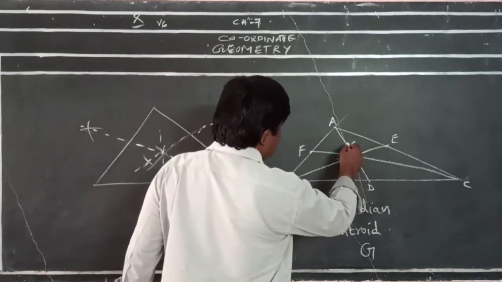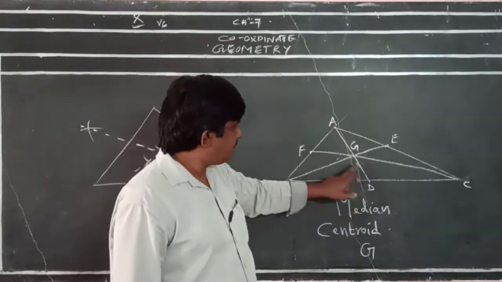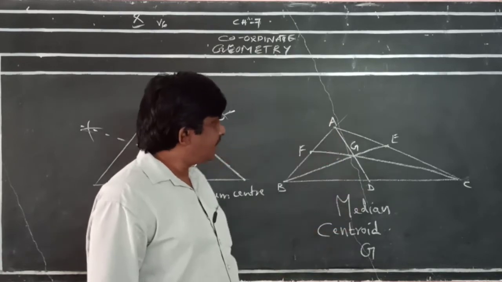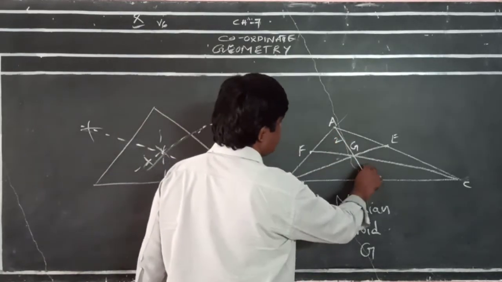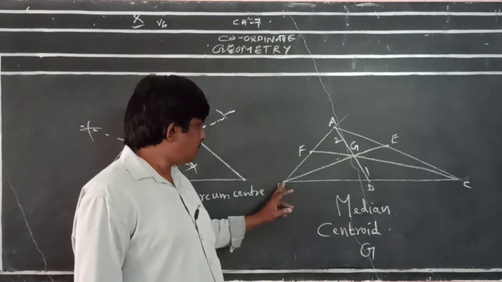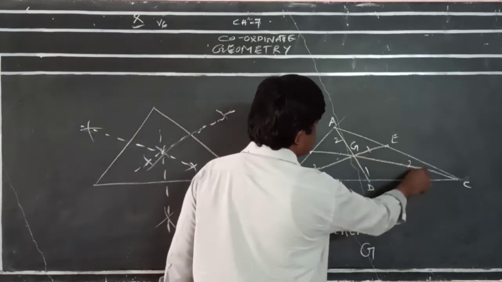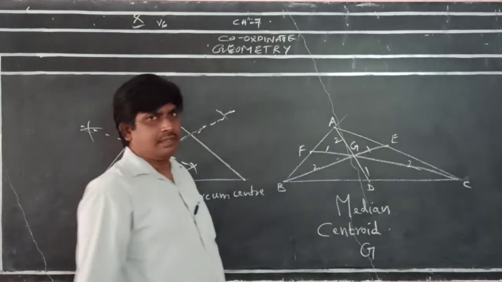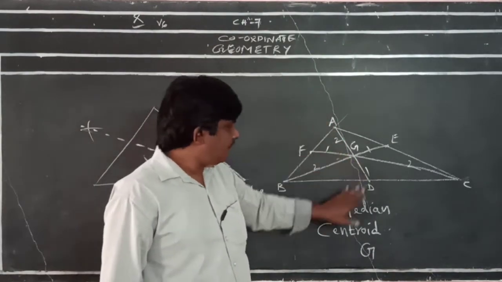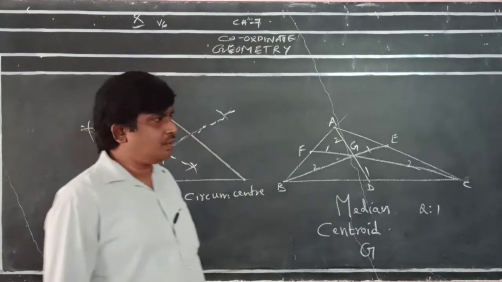Therefore, this centroid divides the median in the ratio 2:1. Here also 2:1. That means this part is 2 and this part is 1. Whatever the median, the centroid always divides it in the ratio 2:1.